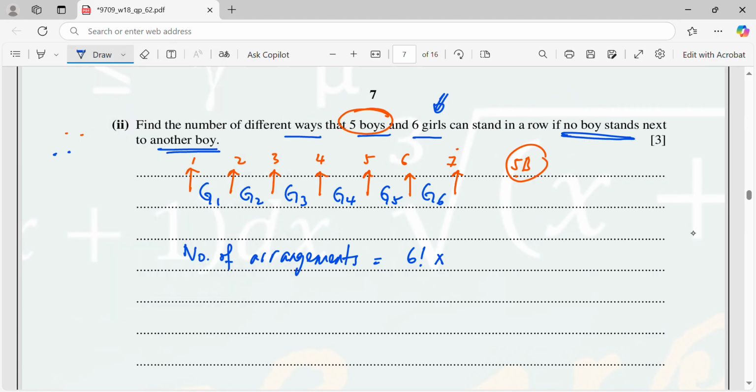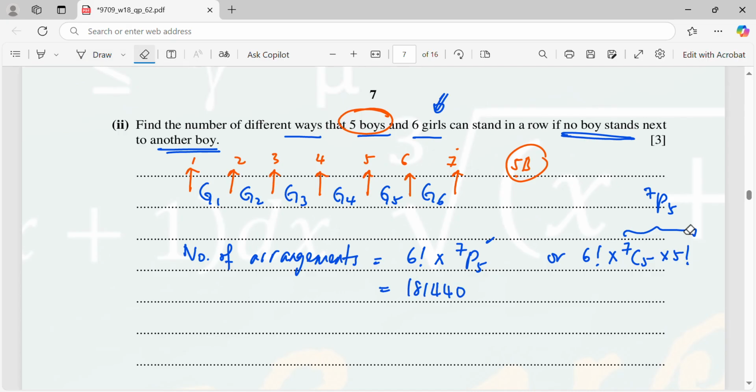Therefore, now here you have to use 7P5. Okay, you can use this way, or you can just write 6 factorial times 7C5, means that you choose the slots first, the arrows. After that, you times 5 factorial. So these two are the same as 7P5. That's why I use 7P5 directly. Then that is going to be 181440. So this will be the solution of part 2.